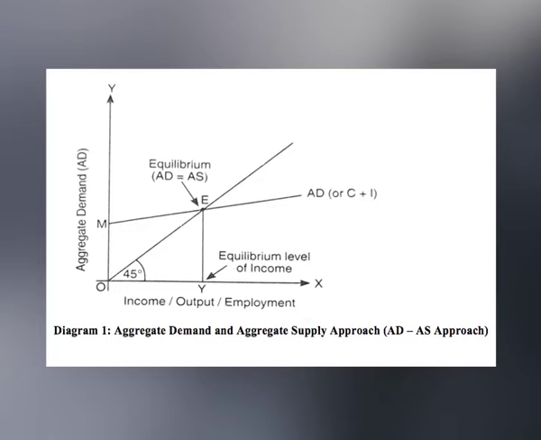If AD is less than AS, then the C plus I curve lies below the 45-degree axis. This suggests that buyers and enterprises together would buy fewer products than what factories would be able to manufacture.